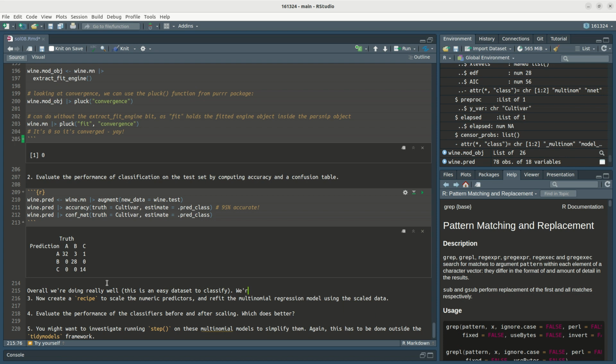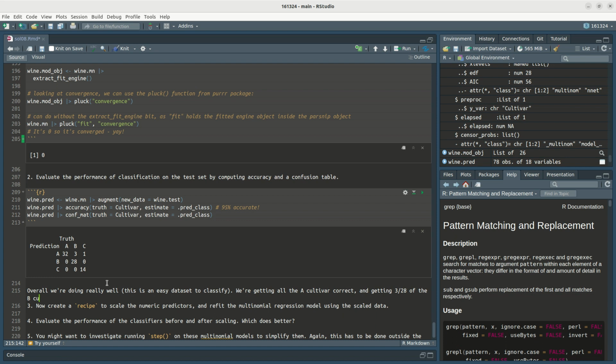We're getting all the A cultivar correct, and getting 3 out of 28 of the B cultivar incorrect as A, and, 3 out of 31 it would be, won't it? 1 out of 15 of the C cultivar incorrect.